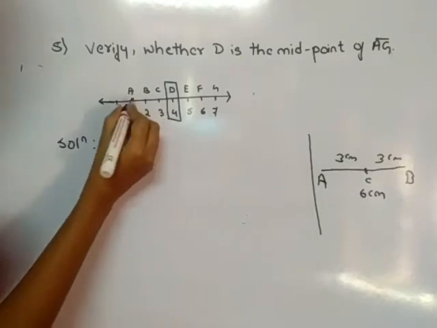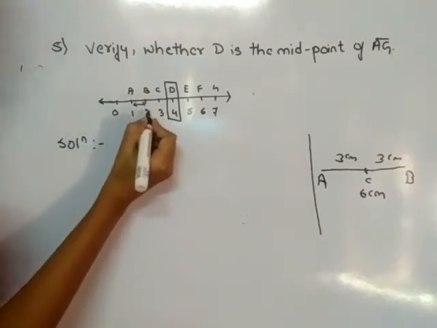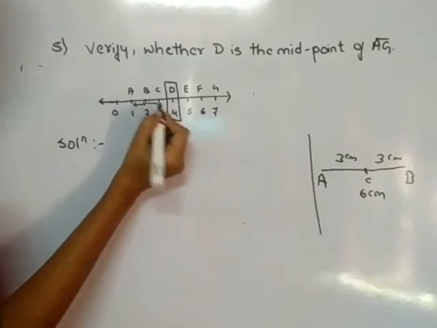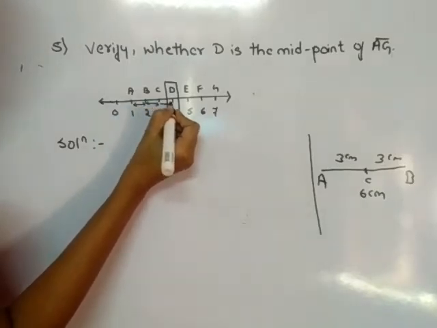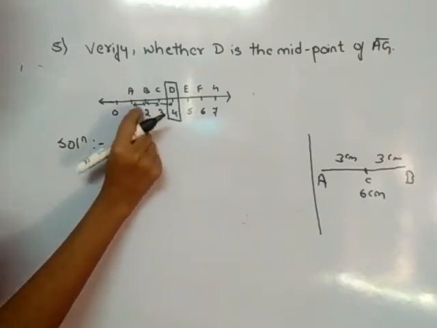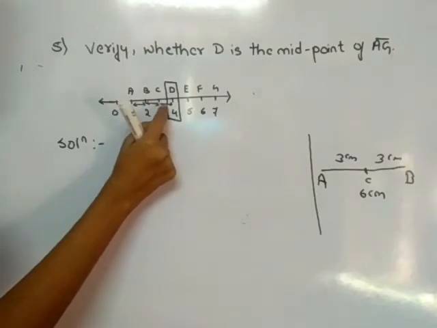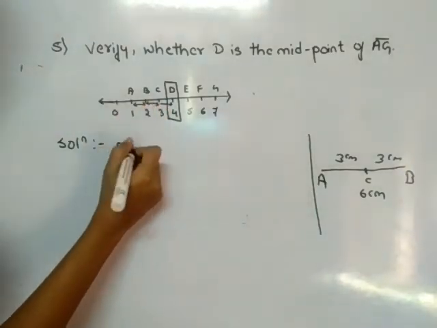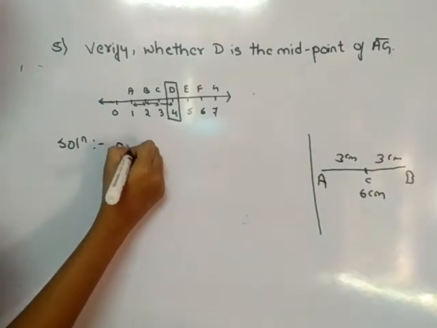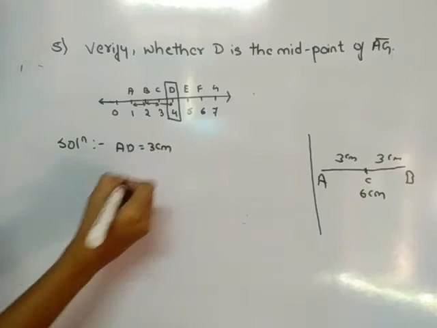From here to here, from 1 to 2 it is 1 cm, and 2 to 3 again it is 1 cm, and 3 to 4 again it is 1 cm. Totally how many centimeters are present? 1 cm, 2 and 3 cm, right? So we'll write here AD, from A to D it is 3 cm, right?